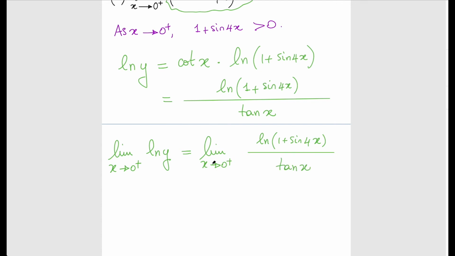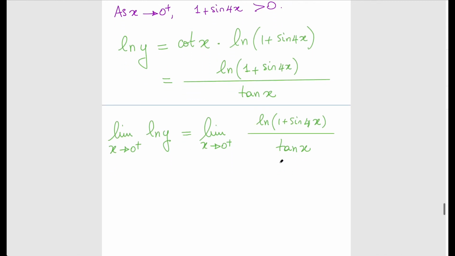Let's check it. As x goes to 0 from the right, sine of 4x goes to 0. So 1 plus 0 goes to 1. ln of 1 is 0. So upstairs goes to 0. Downstairs, as x goes to 0, tangent also goes to 0.